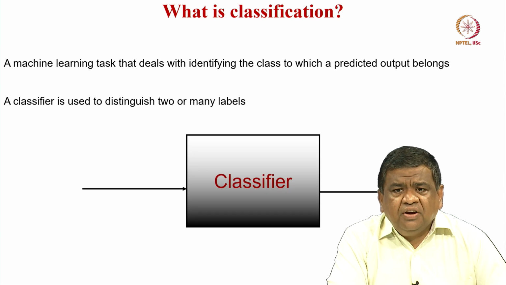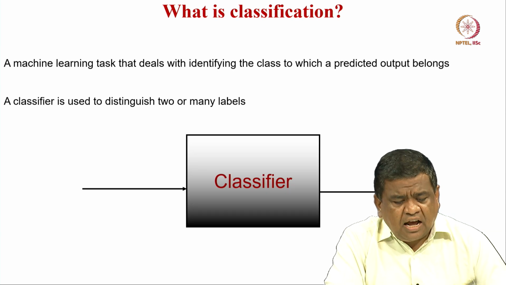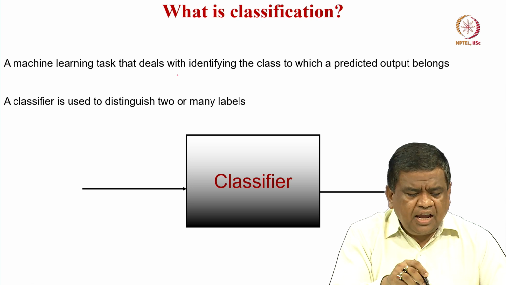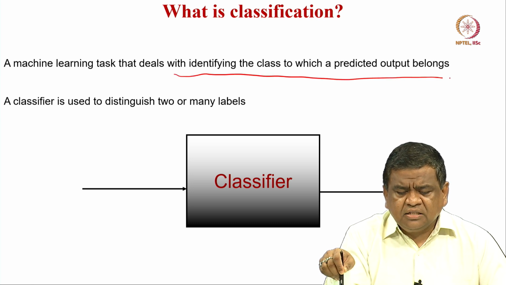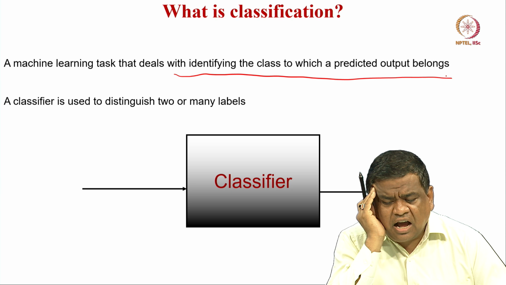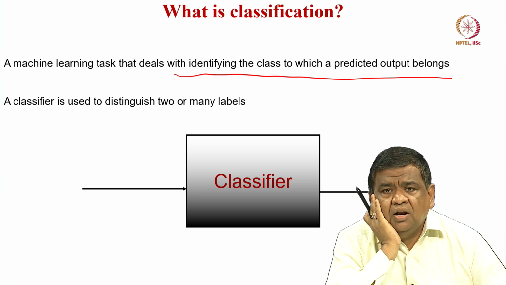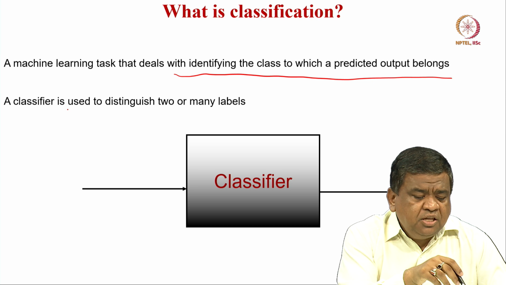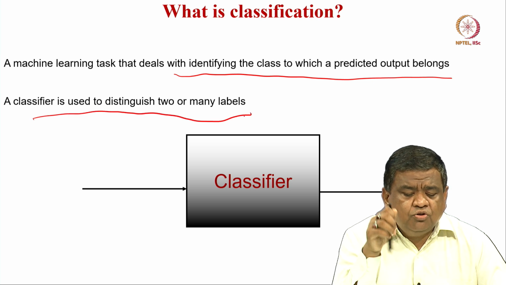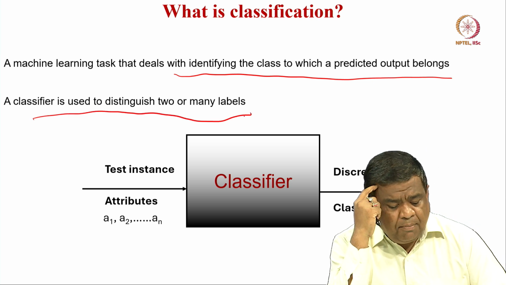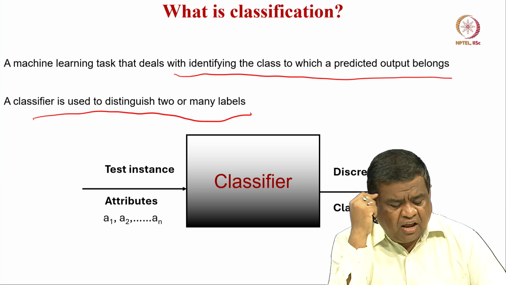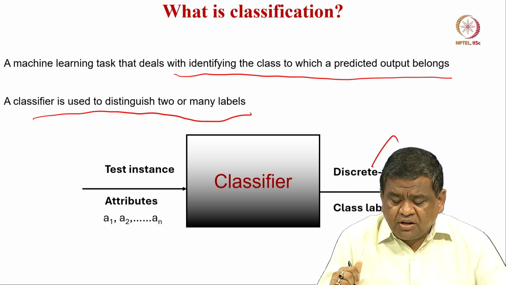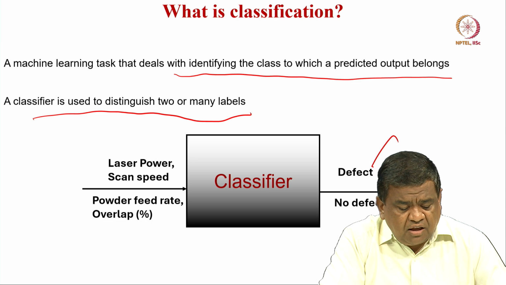So, what is classification? Regression I have mentioned, classification I have mentioned before, and I want to mention it again. That is a machine learning task that identifies the class to which a predicted output belongs, and many times this classifier is used to distinguish 2 or more levels. For example, your test instances have different attributes a1, a2, an, and you have to find out the discrete-valued class level.